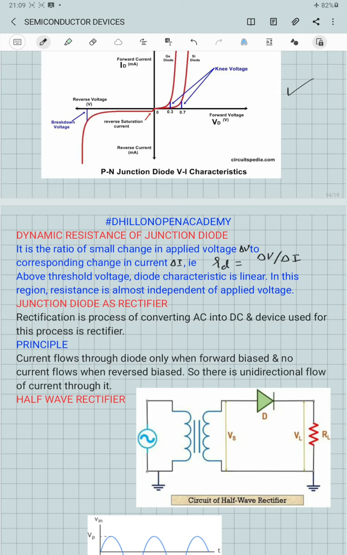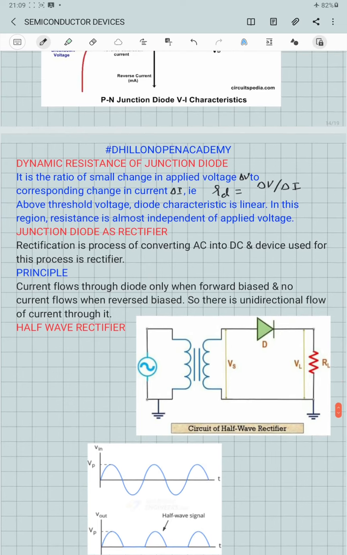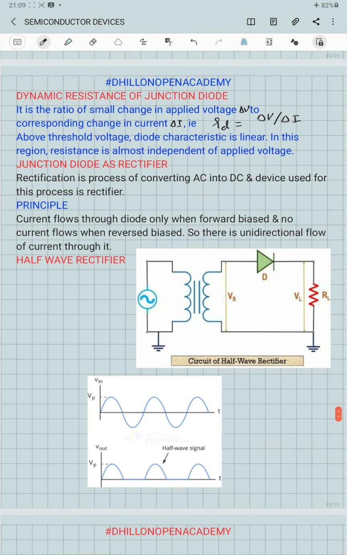Now we are discussing an important semiconductor device which is known as a rectifier. So we are studying the junction diode as a rectifier. We know that many of our electronic components require direct current for proper operation. For example, for the charging of our mobile phones, tablets and computers, laptops, and for the proper working of the electronic components in every electronic device or gadget, they require a direct current.